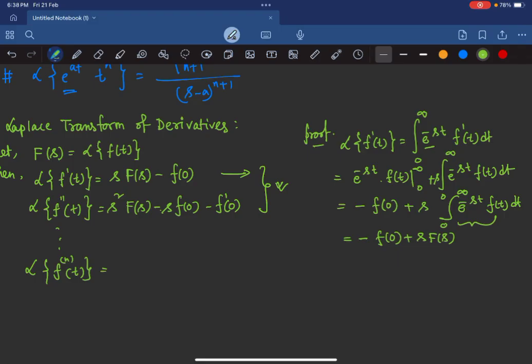Now f nth derivative, if you want this formula, that is s power n F(s) minus s power n minus 1 f of 0 minus s power n minus 2 f dash 0. Likewise, it will continue up to f power n minus 1th derivative at 0. Okay, so this set of formulas you should know. Primarily we consider these two formulas.